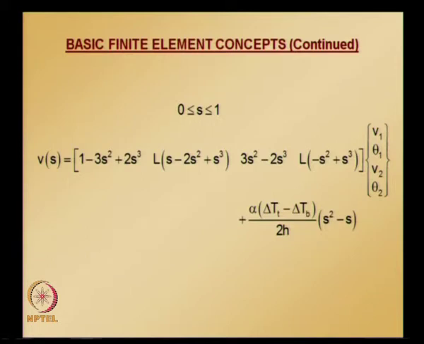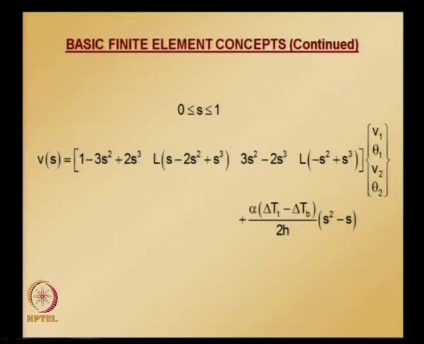Once we get the nodal values we can interpolate displacements using this equation, and this is what I mentioned. The first term is finite element interpolation using finite element shape functions, and the second term is the correction term, which is obtained by integrating the curvature that is experienced by the beam element twice. If you integrate curvature twice, and when this beam element is restrained at the ends, this is the fixed end solution. So displacement at the ends, at s equal to 0 and s equal to 1, has a value of 0.